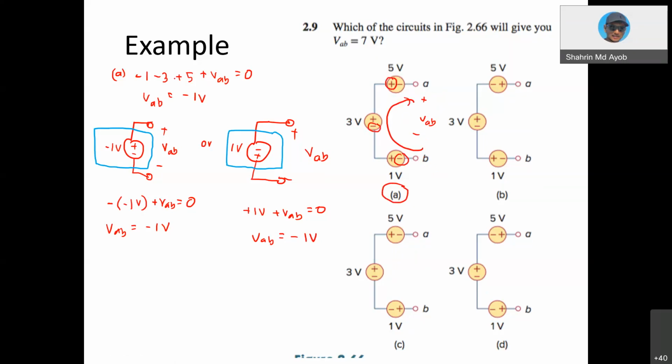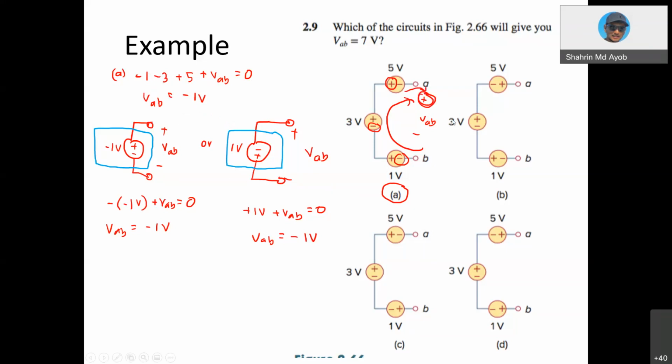So I write my KVL like this: -1, -3, +5, and then plus VAB, because after this I meet positive VAB, right? So equal to 0. So this one is 5 minus 4. That's why we have VAB, and then we rewrite. So VAB is actually -1 volt.